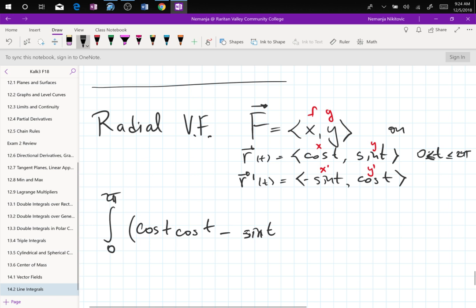Cosine times cosine is cosine squared, negative sine times negative sine is positive sine squared, plus cosine squared is 1, and then the integral of 1 dt is t, and 2 pi minus 0 is 2 pi.